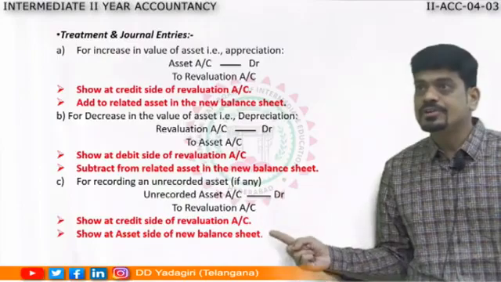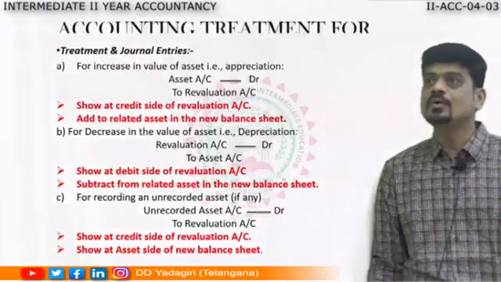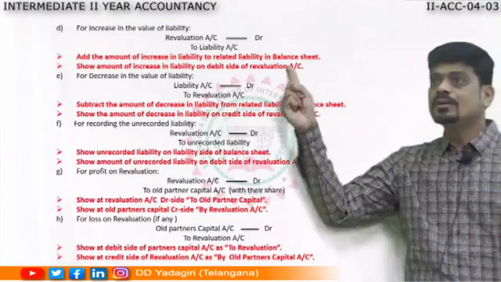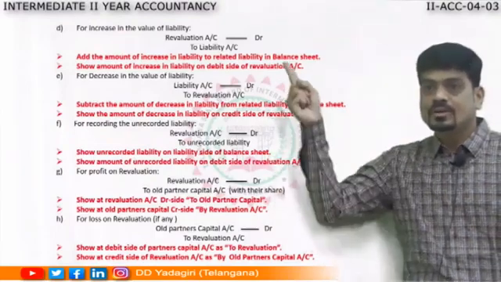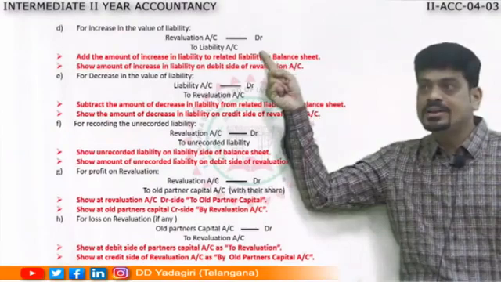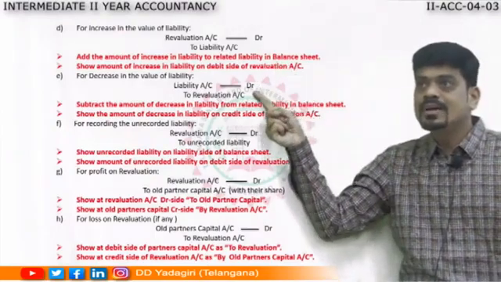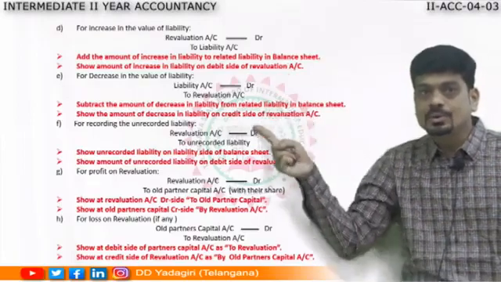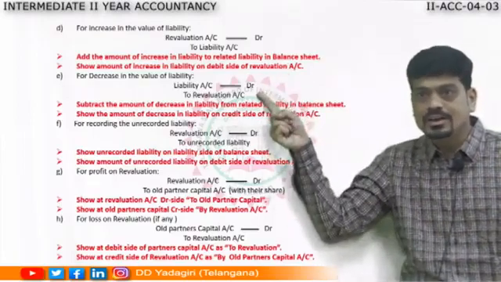And the new balance sheet will show it as an asset and on the revaluation account credit side. Then the entries for the liability side. Increase in value of liability, decrease in value of liability, unrecorded liability. Entries you know. Effects you can check here.